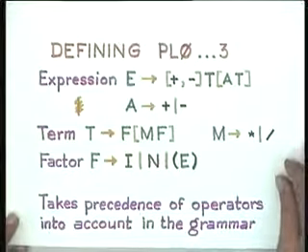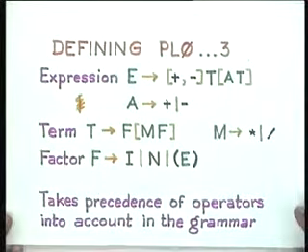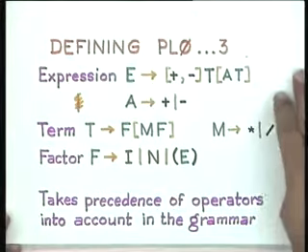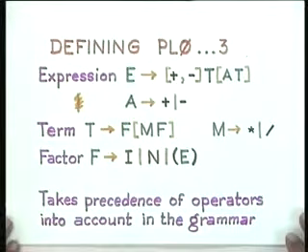So we have various kinds of expressions, the usual operators on expressions, and what we have done also is to take into account precedence of operators, so that you have a convenient way of writing unambiguous expressions without having to worry too much about parenthesizing them.